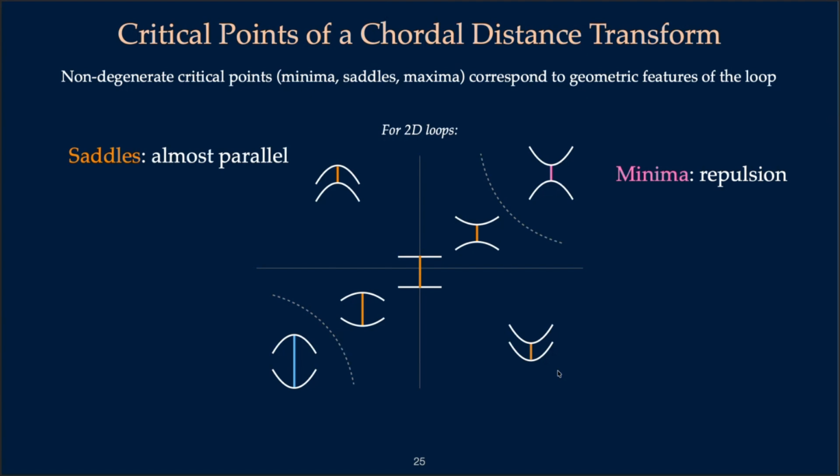But there are also these bending-together type situations, and then these almost parallel situations which induce saddle points. But once you satisfy a curvature condition relative to the separation between the 2 points, you transition from one type of critical point to another. So the last one is, of course, a maximum. So this is stuff in this corner. They represent 2 bits of curve attracting each other, trying to tie each other together. So we can have a good handle on interpreting the significance of this object.